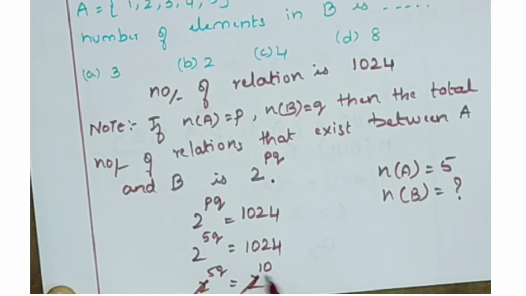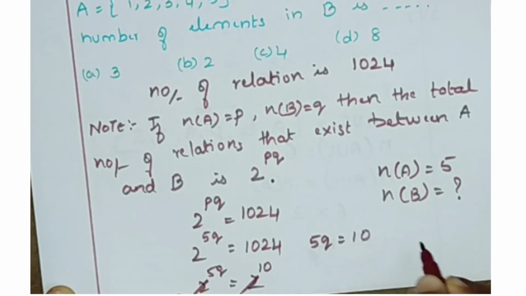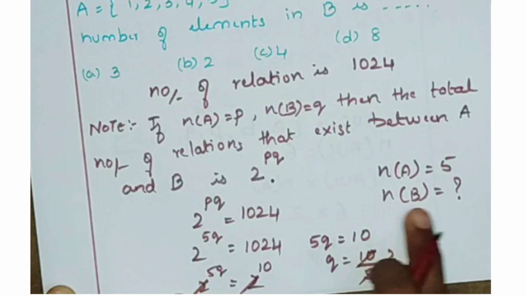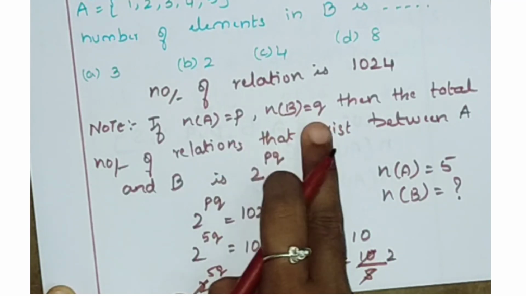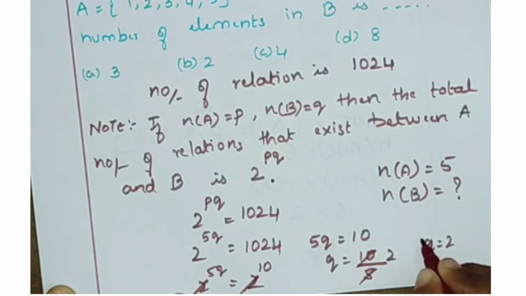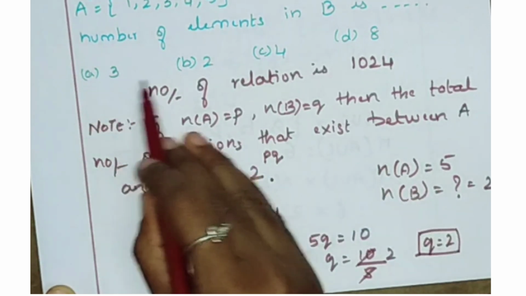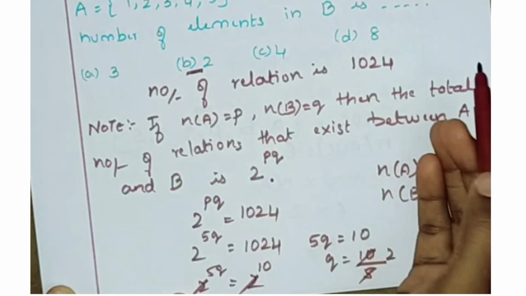What are the powers you have? 5Q is equal to 10, so Q is equal to 10 by 5, which is 2. Q is n(B), so n(B) is 2. So option B is the right answer.